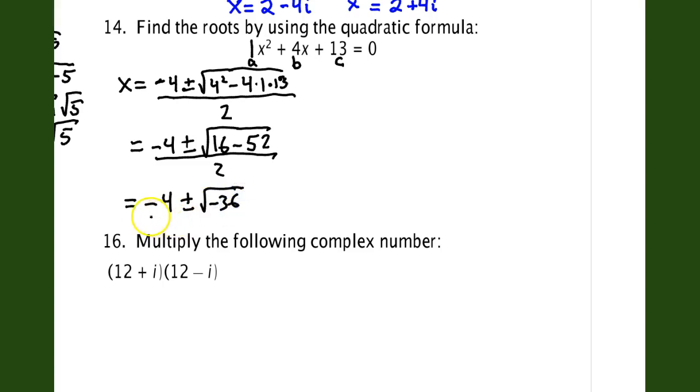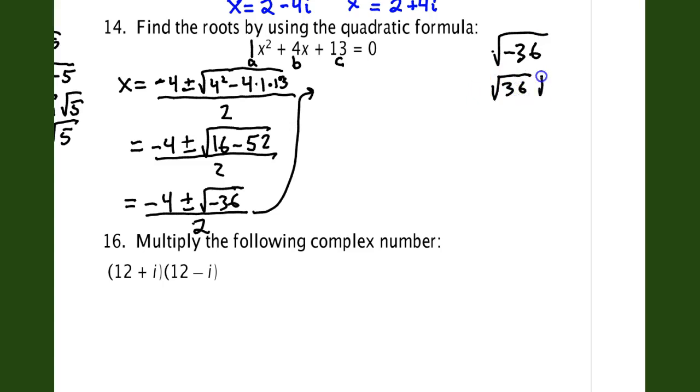So again, we have some imaginary roots. This discriminant, the part inside the square root, is negative. Okay, so this one's a little bit easier compared to negative 180 on number 13. So negative 36, right, we can break that up into square root of 36 times square root of negative 1, because these multiply to negative 36.